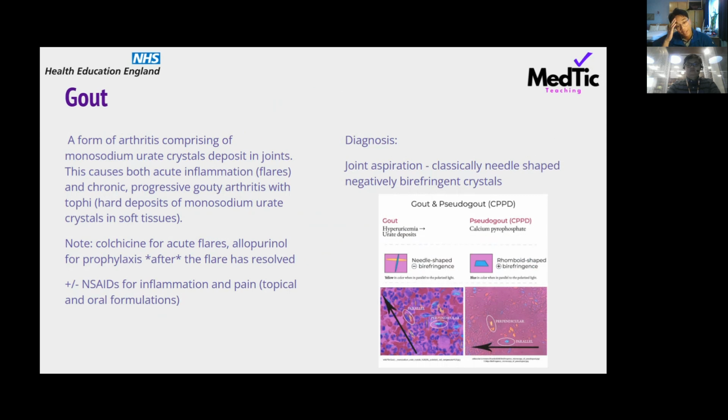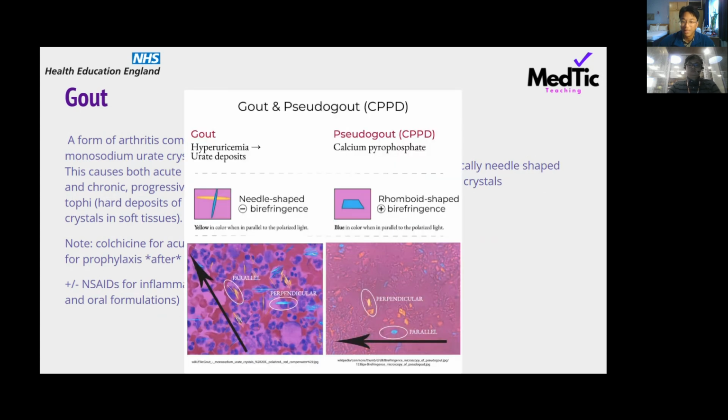Note that just as a practical note, as an FY1, you can prescribe NSAIDs both orally for the systemic benefit and also topically, just so you can get some more specific local anti-inflammatory and pain relieving effect on the joint. Now, as I mentioned, your diagnosis is based on joint aspiration, and you get classically needle-shaped, negatively birefringent crystals, which we'll go through now.